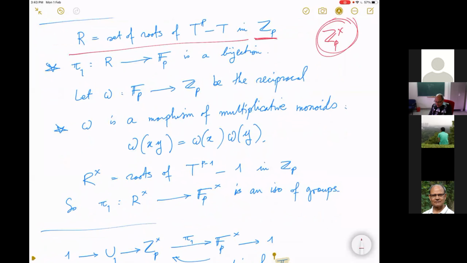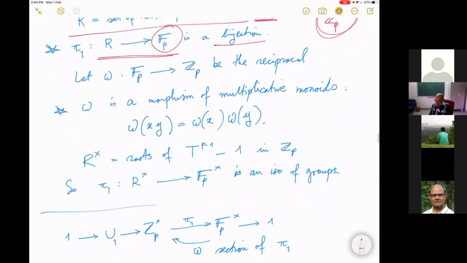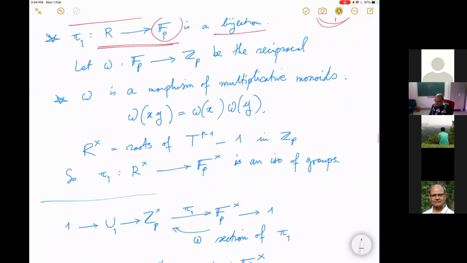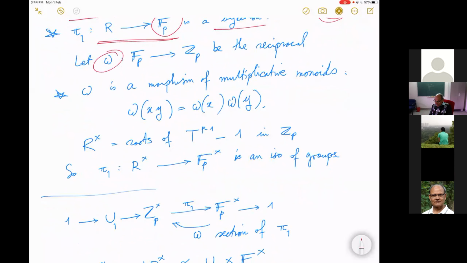And the assertion is that when I reduce these elements of R modulo P, then I get a bijection, namely the map pi1 restricted to R is a bijection onto FP. This is something that we had proved, and I'll call the reciprocal bijection omega. So that's a map from FP to ZP.